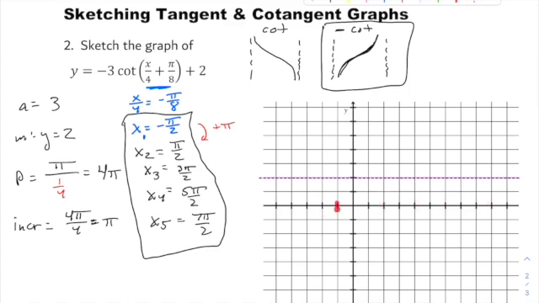So I think I'm just going to go every box is pi over 2. I think that's what I have room for. So this is negative pi over 2. This is pi over 2. And that will be 3 pi over 2, 5 pi over 2, and 7 pi over 2. There we go. First and last with tangent and cotangent, vertical asymptotes always.